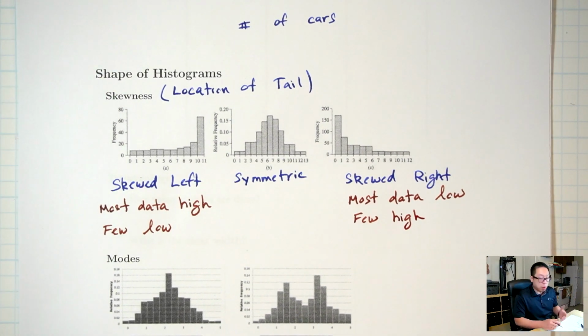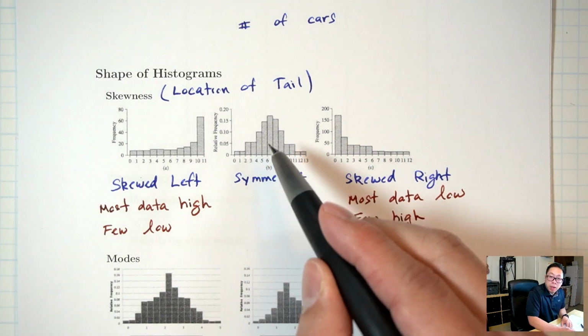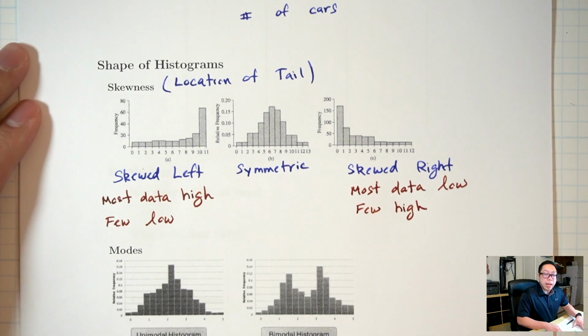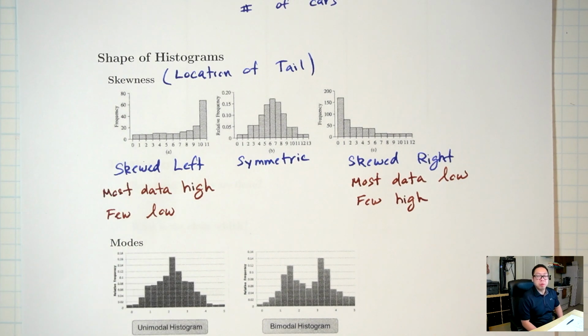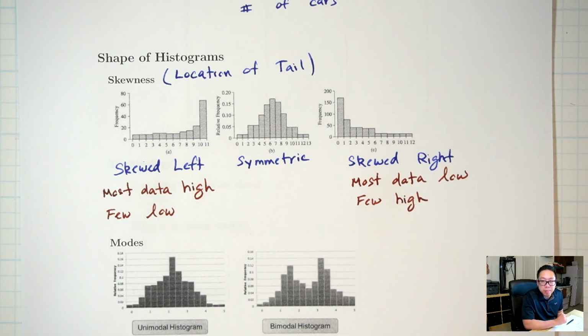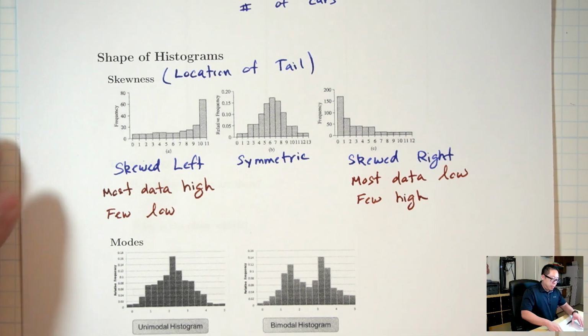And then for symmetric, most of the data is in the middle, and then you have a few on the high side and a few on the low side. So in one of the labs later on, I ask you, for grades in a class, is it better for you if the grades are skewed left or skewed right? So think about that.